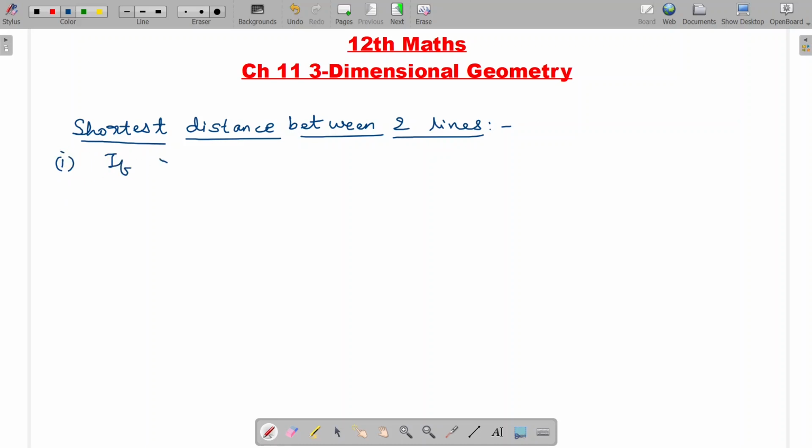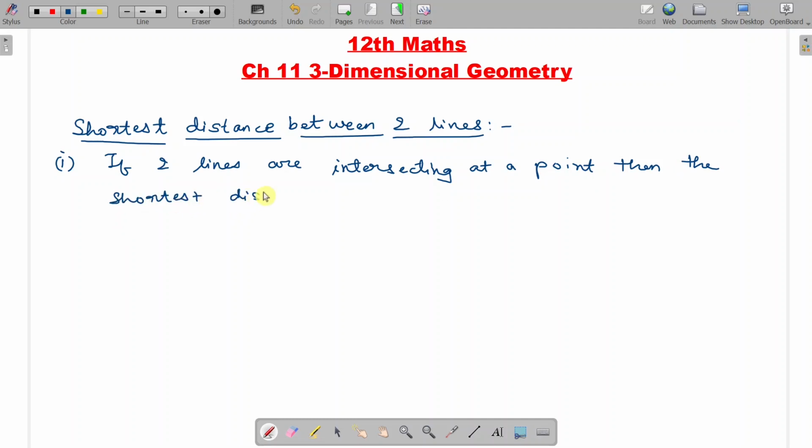So if two lines are intersecting at a point, then the shortest distance between two lines is 0.